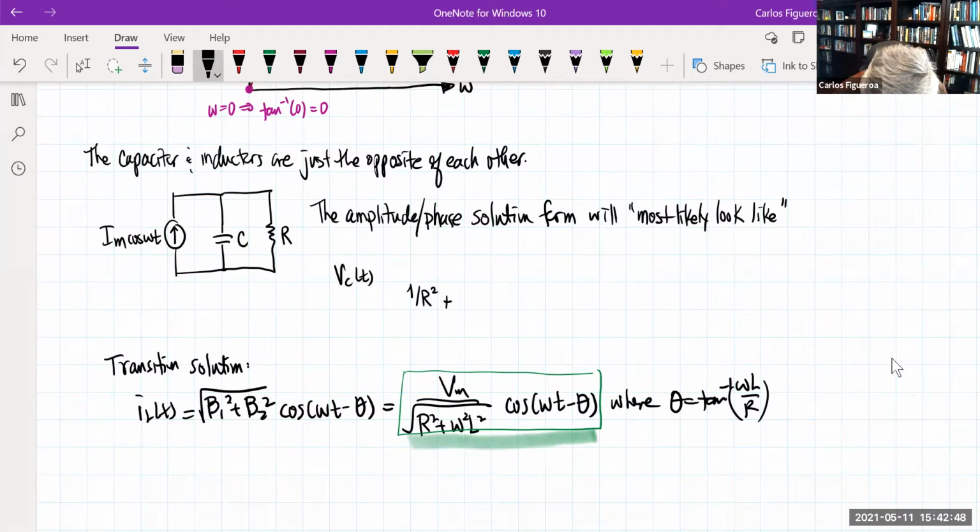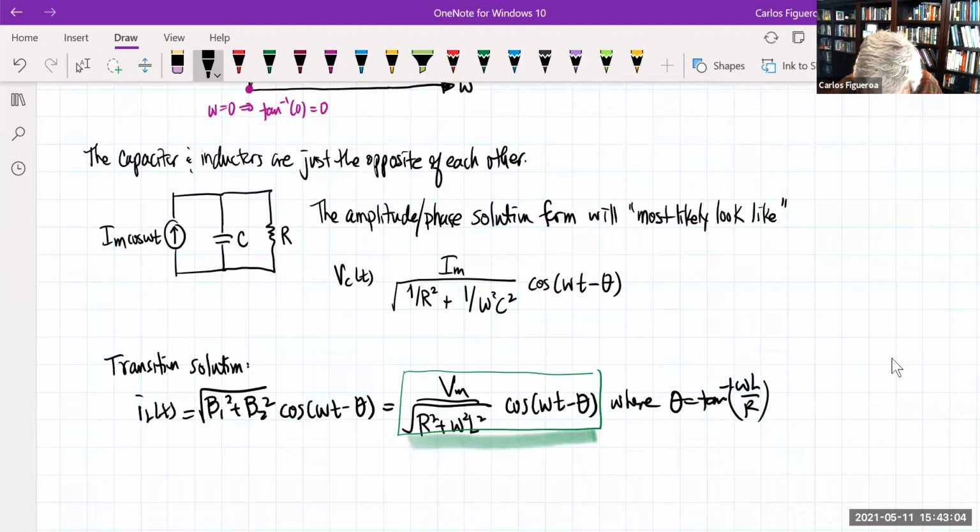So I think it's got to be 1 over omega squared C squared, square root, I amplitude of cosine omega t minus theta, where theta should be the tan inverse. In this case, it's going to be the reverse, so it's got to be omega C over R. That would be my guess.